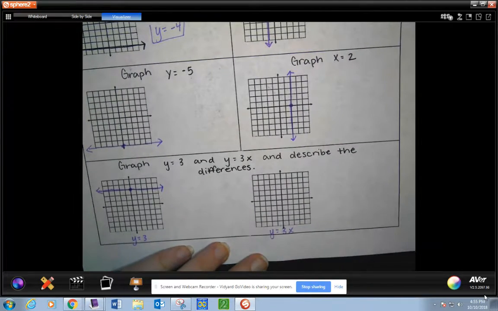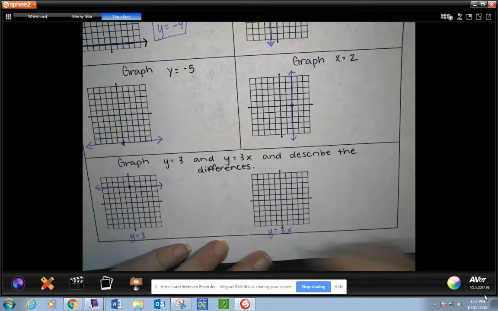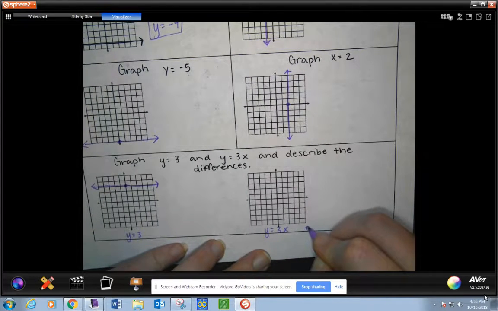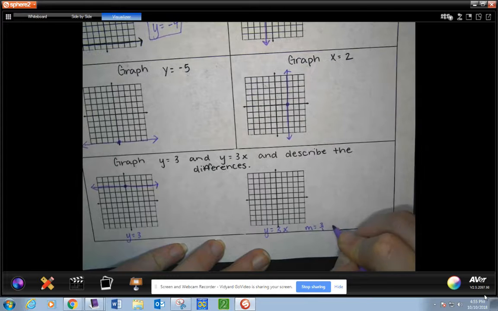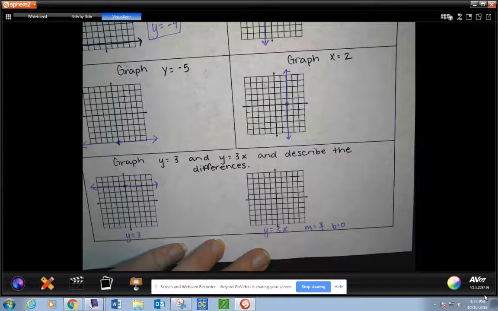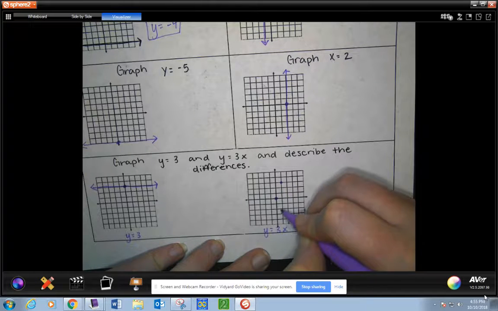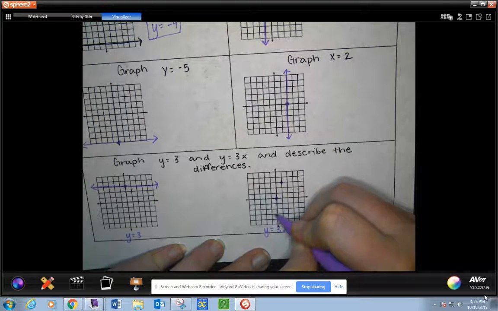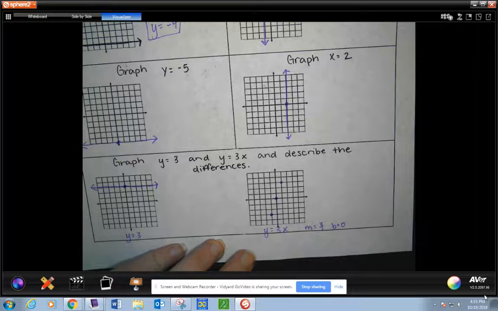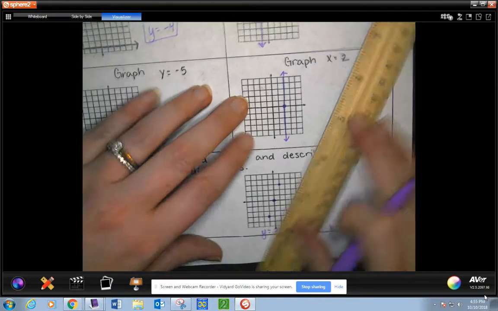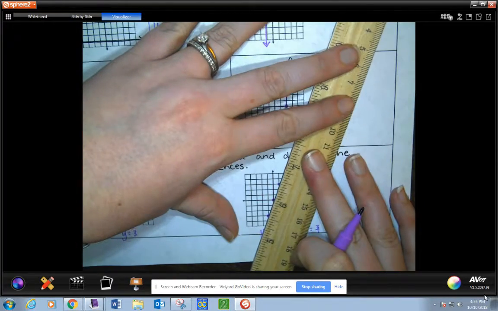Since you have an x this time, your slope is 3/1 and your y-intercept is 0. So you start at 0 and you rise 3, run 1. Well, I can't repeat that, so I'm going to go down 3, left 1. And now I'm going to take my ruler and draw in my line.